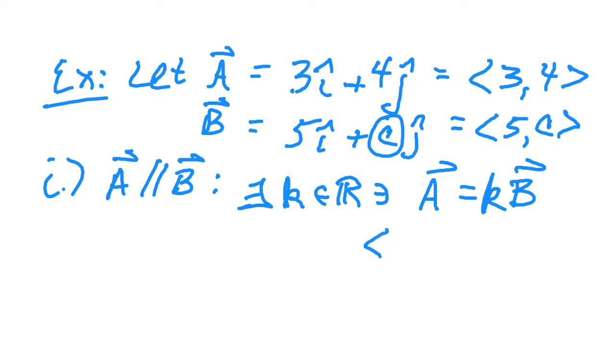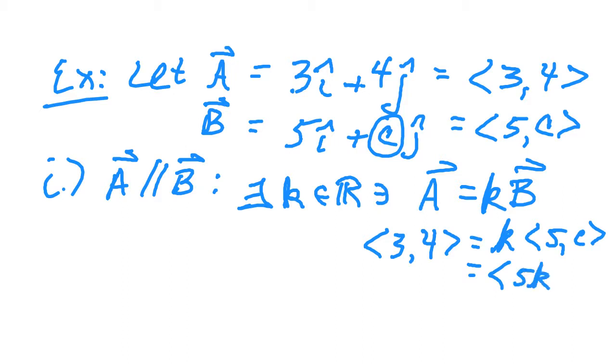A vector is 3, 4, and that has some constant k times B vector, so this equals k times 5, c, which equals the vector 5k, ck. And that has to equal 3, 4.